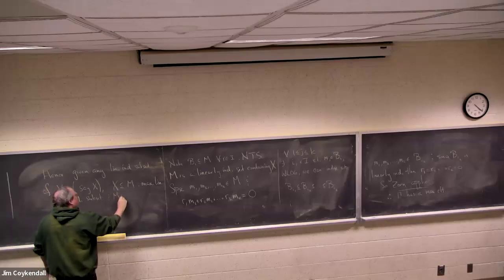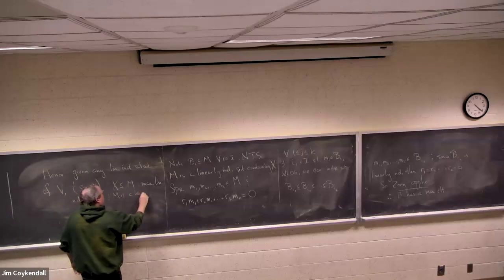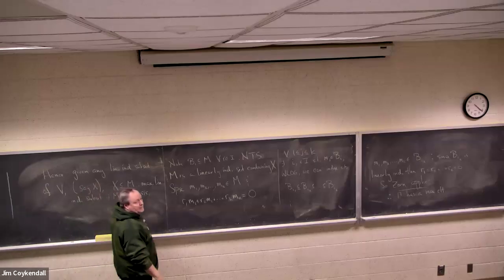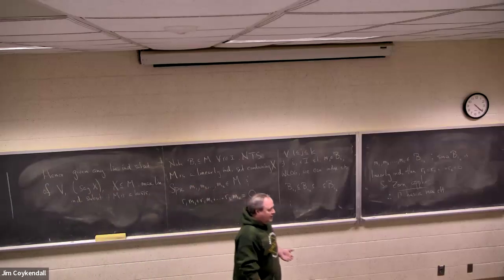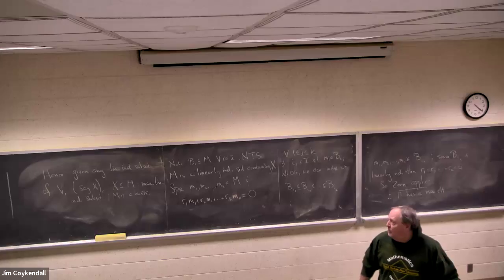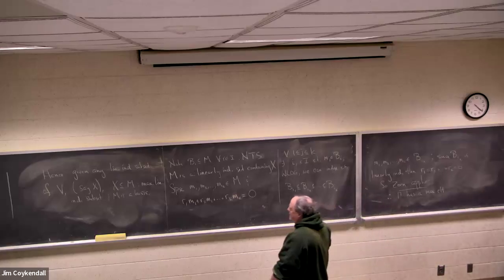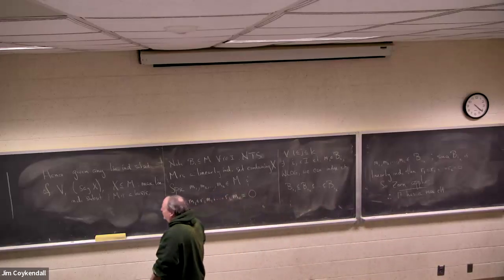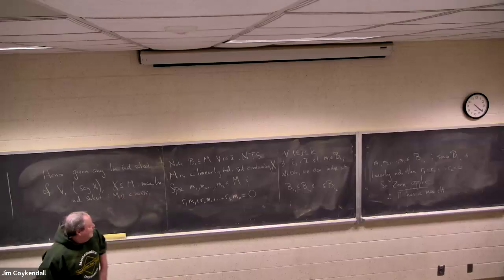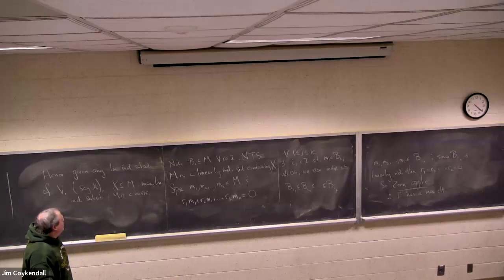And M is a basis by the previous result, because a maximal linearly independent subset of a vector space is always a basis. And so we've shown the stronger thing that we wanted to show, that an arbitrary linearly independent set X can be expanded to a basis, right?